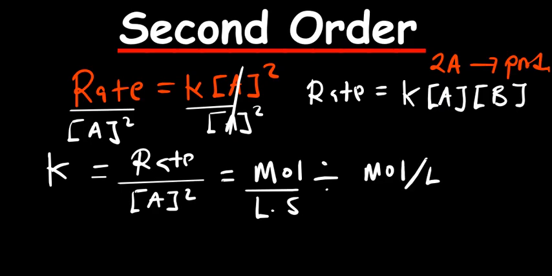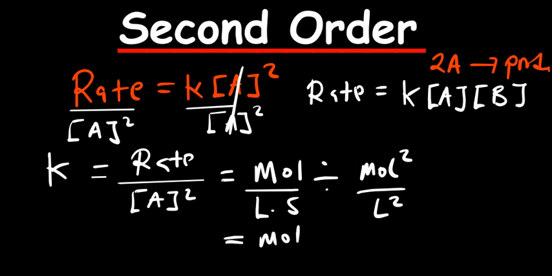Now this is squared, which means mole is squared and liter is squared. So I'm going to write mole squared over liter squared. Now if I simplify this, I'm going to have mole over liter second, the division symbol changes to multiplication, with liter squared on top over mole squared down. Now if this is what I have, I can divide.